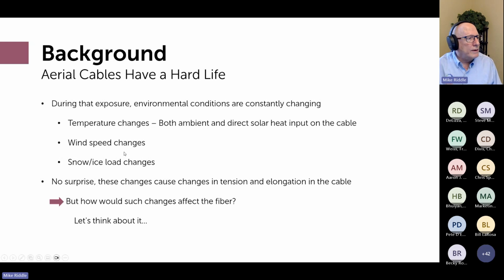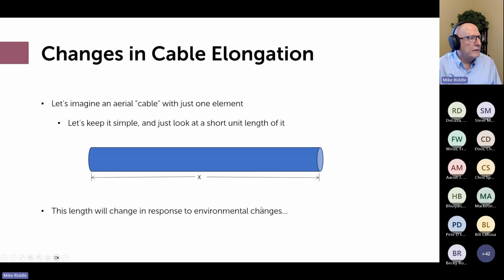In addition, you've got wind speed changes and snow and ice load changes. So these changes are causing change in tension, and really what we'll see is important from an optical standpoint in elongation of the cable. So how do those changes actually affect the fiber itself? Well, let's look at it.